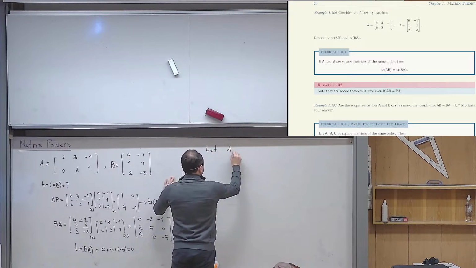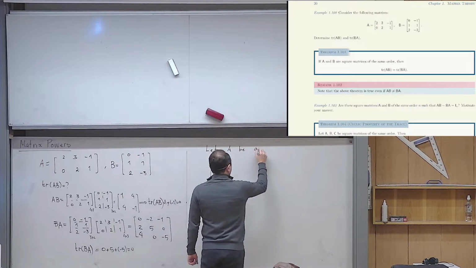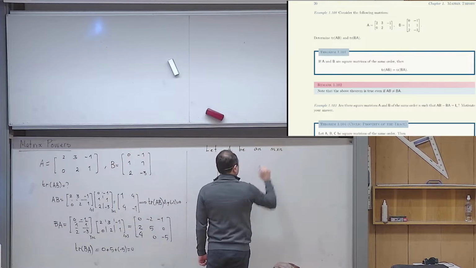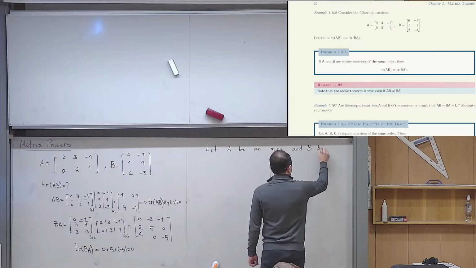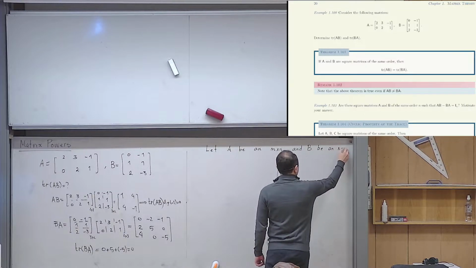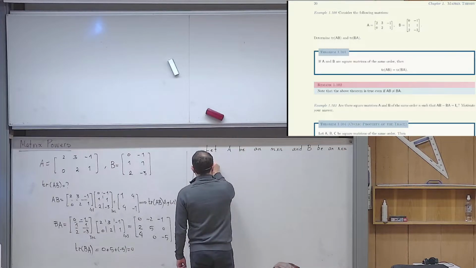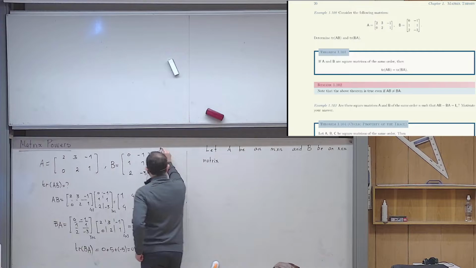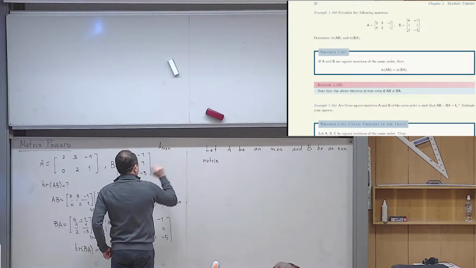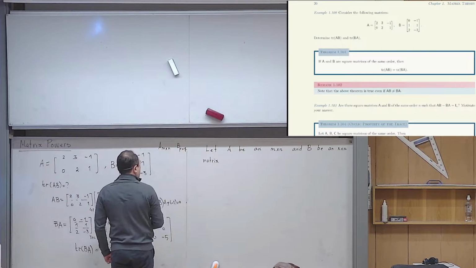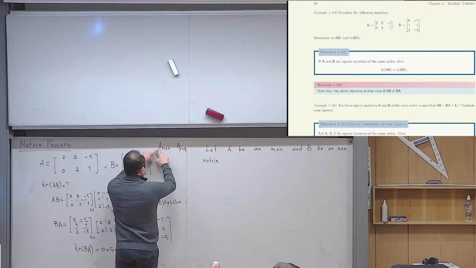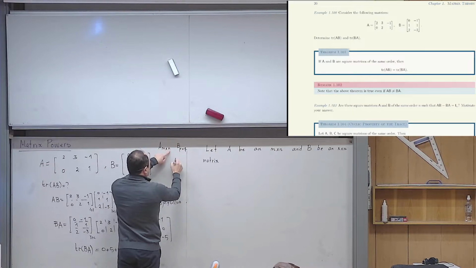A be M by N, and B be an N by M matrix. Yes, this is clear, because if A is M by N, I want to have a matrix, let me write it P times Q, P by Q. If I am supposed to be able to multiply A from the left, P and N should be the same.